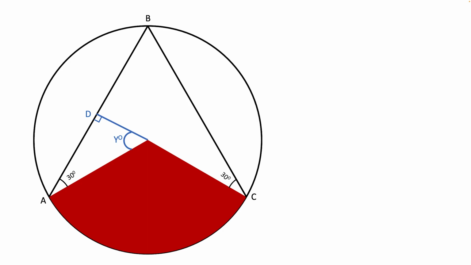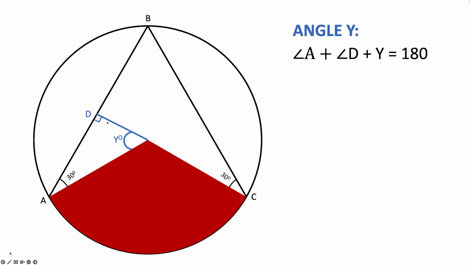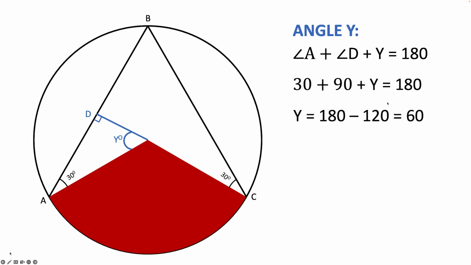This one is pretty simple because we know that AOD forms a right angle triangle, and all we need to do is find y. We know that the sum of the interior angles of a triangle is 180 degrees, so 30 plus 90 plus y is equal to 180, and y is 180 minus 120, which gives us 60.